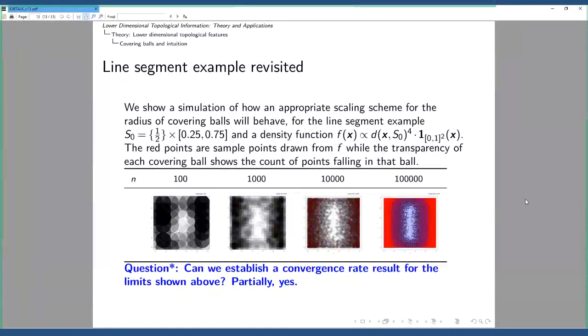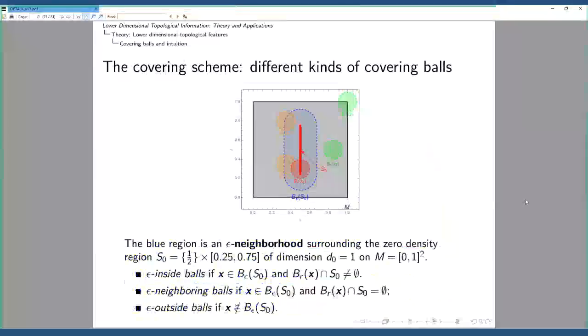So to formalize this intuition a little bit, let's take a question. Sure. Yeah, so the difficulty in your problem is you're sort of trying to recover the zero density region where none of the point samples are going to be. Is that right? Right. So, well, I have to make an additional remark. So imagine that your support of the density function is a two-dimensional cloth, and you actually got a two-dimensional hole in the middle of it, and you keep drawing samples from it. By the law of large numbers, you will eventually see a hole in the middle of it.